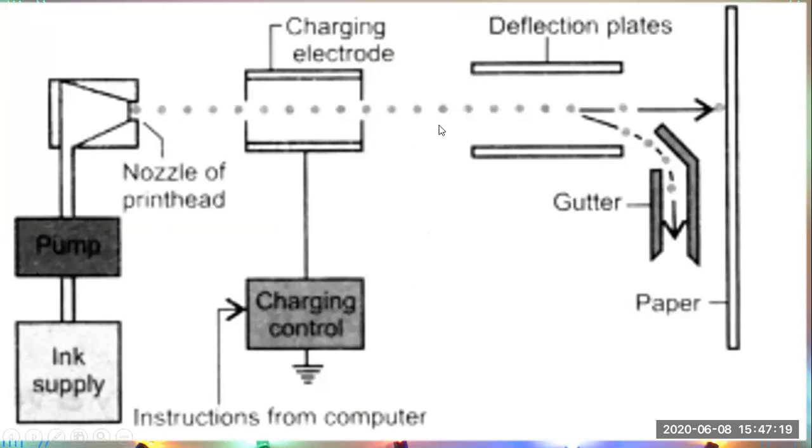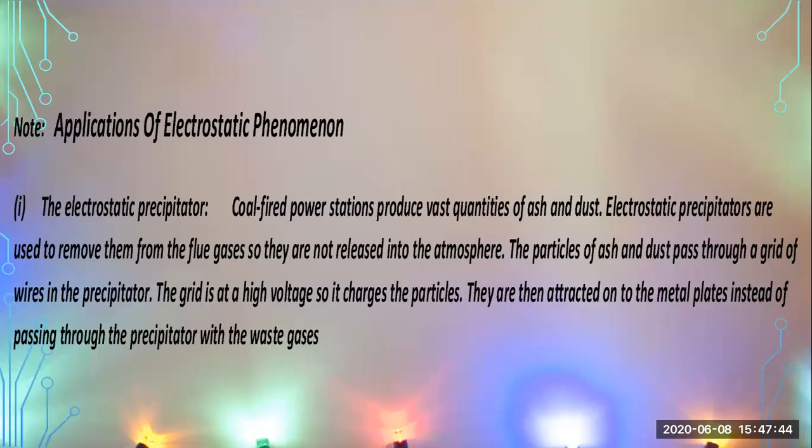The particles which are not required to be charged will move straight to the paper, and the rest of the charged particles, which were not required on the paper, are deflected, because charged particles can only move with the charge of the deflecting plates. These deflecting plates have some charge, and the particles are moved to the gutter. This is the way the printer works.